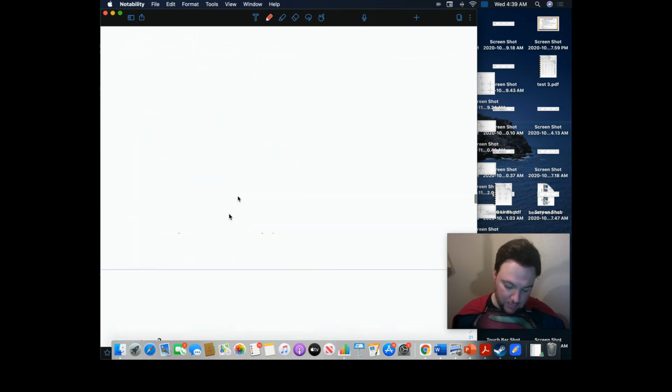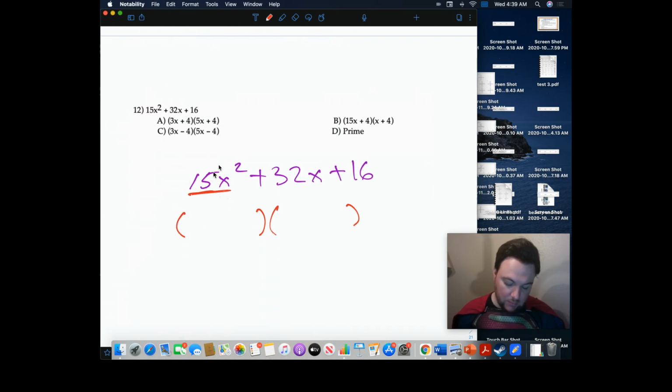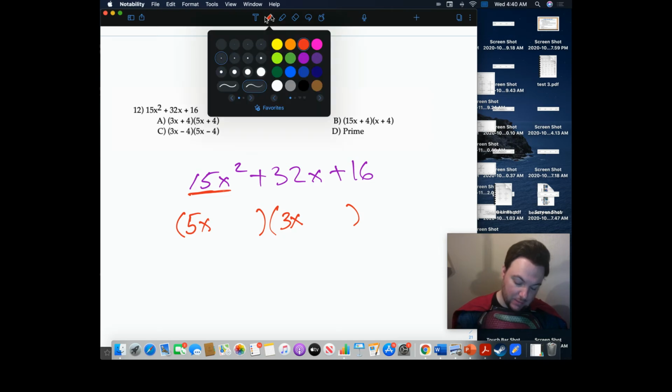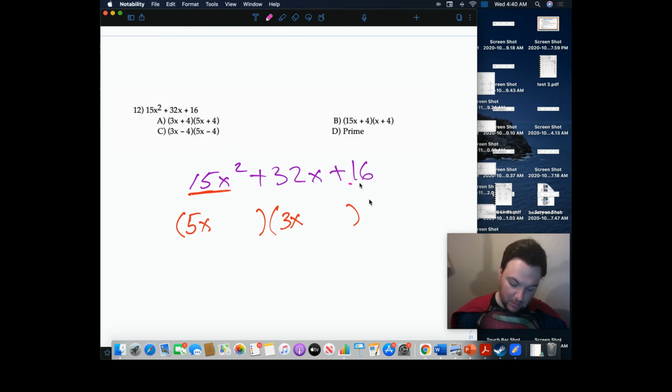The only difference is here with 15x squared, we're asking yourself what times what is 15x squared, which is 5x and 3x. So that's what makes it more interesting. Then you go to the back side and you answer the same question. So what times what is 16? 4 and 4. Okay. Now what happens?